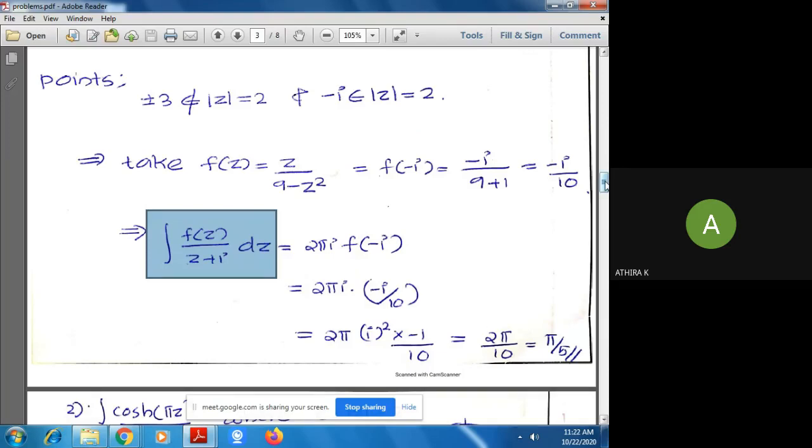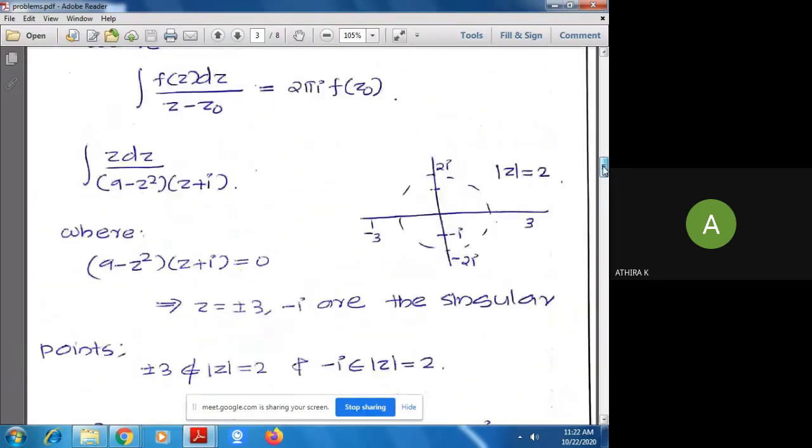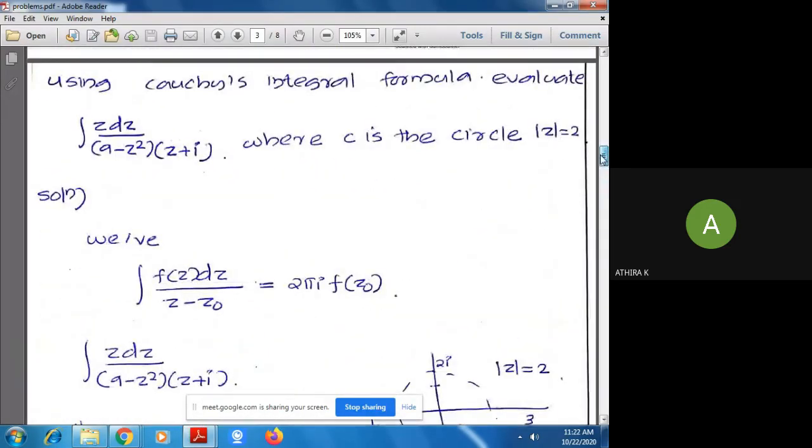Is it clear? Here we must find the singular points, and check whether the singular points lie inside or outside the circle. Check must. And we know that here minus I is the singular point that belongs to the circle mod z is equal to 2.